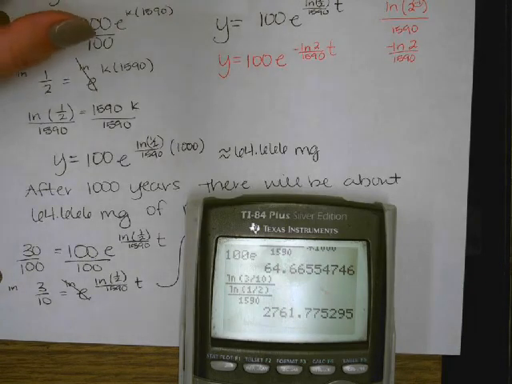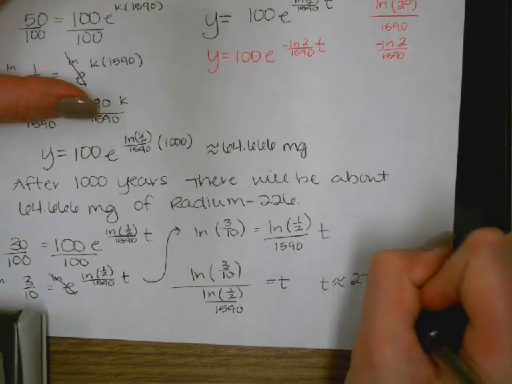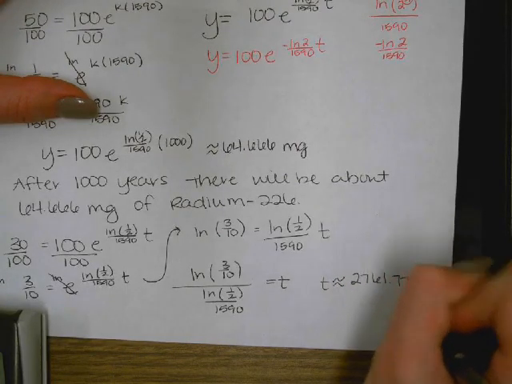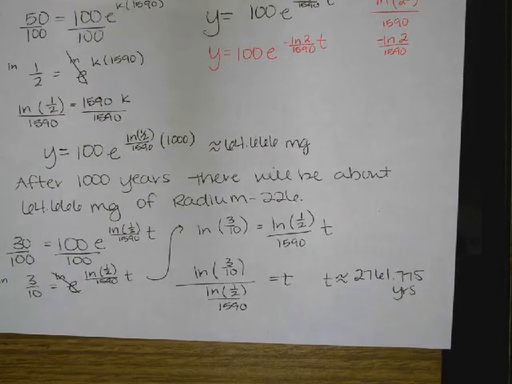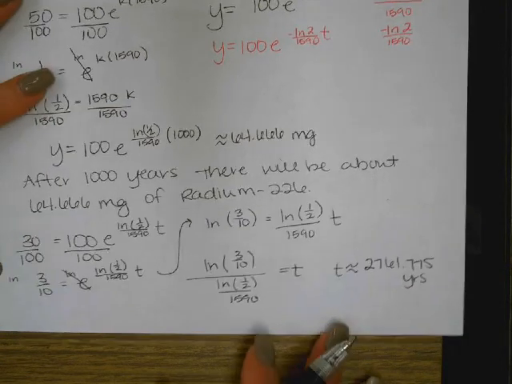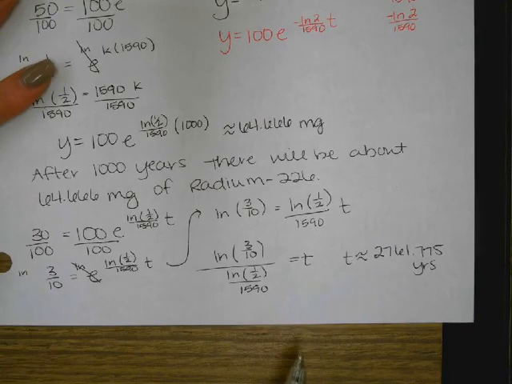And I got 2,761.775 years. So it will take about that long for there to be 30 milligrams of radium-226 remaining. And go ahead and write that sentence at the bottom, and we'll look at it tomorrow.